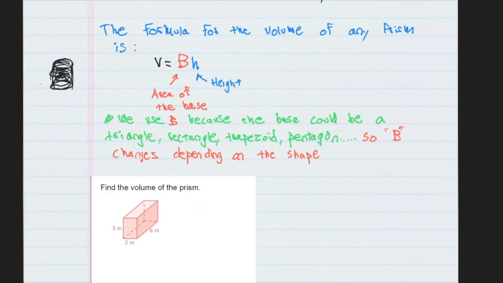The base can change, so that's why it's a generic formula. We could have a triangular prism, a trapezoidal prism, or a pentagon prism. It all depends on what shape the base is, because the formula for the area of that shape is going to change.